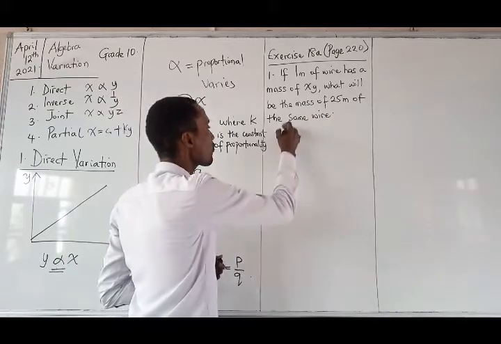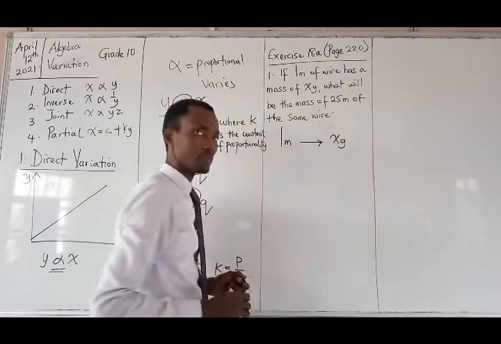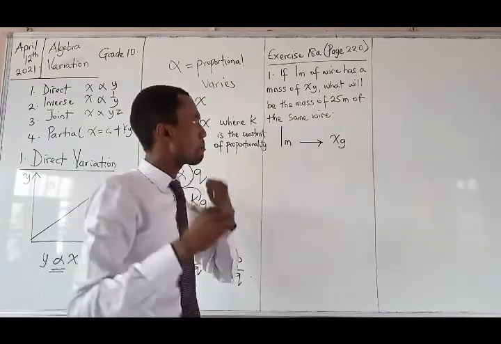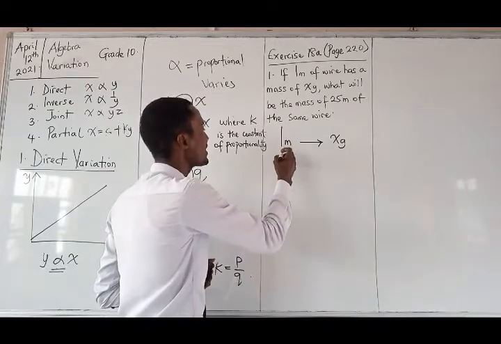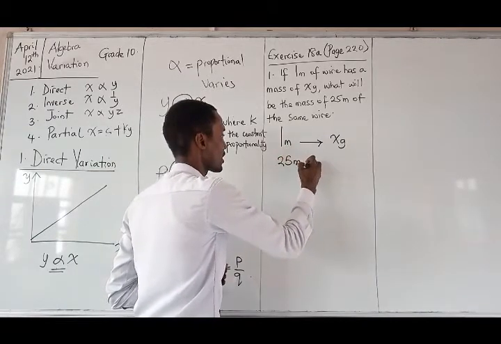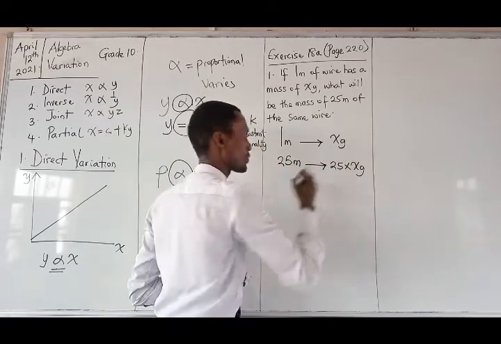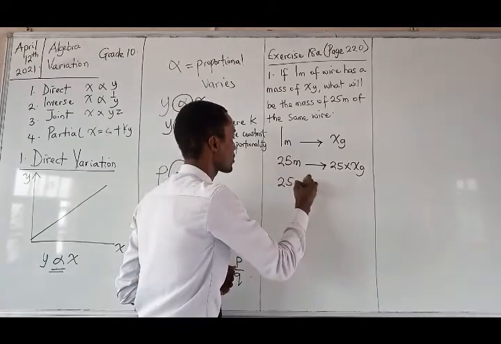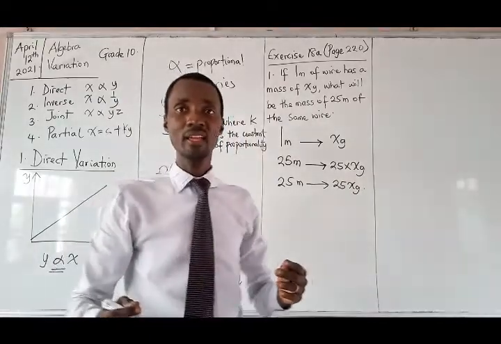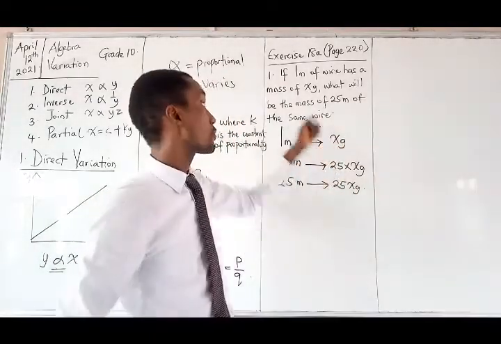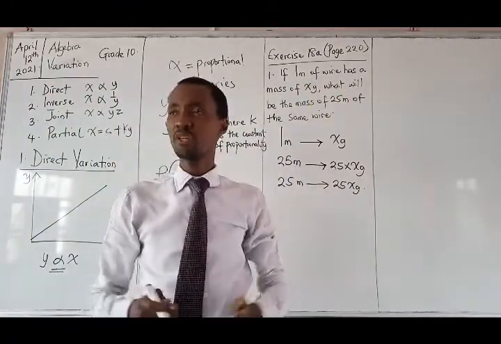Now look at this. If 1 meter generates X grams, because the length of the wire corresponds to the mass, it will mean that if I have 25 meters, it will generate what? 25 times x grams. So 25 meters will generate 25x grams. That's why it's direct. As you increase the length of the wire, the mass of the wire will increase.